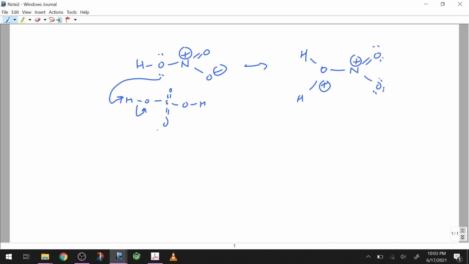And what we get out of that is two cations directly adjacent to each other. It doesn't get much more unfavorable than that. So very, very quickly, this is going to undo the cation problem and give us our active electrophile. So I get my NO2 cation.